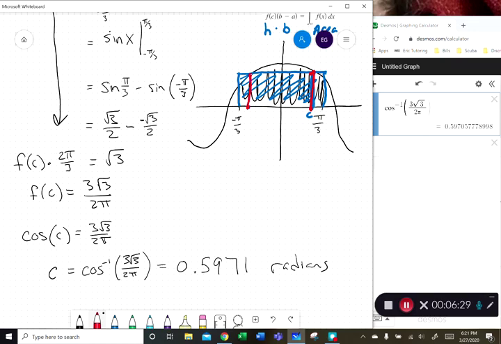Due to the symmetry of the cosine function, there's one positive c and one negative c. So there are 2 values of c in this problem, and they would be plus or minus 0.5971.